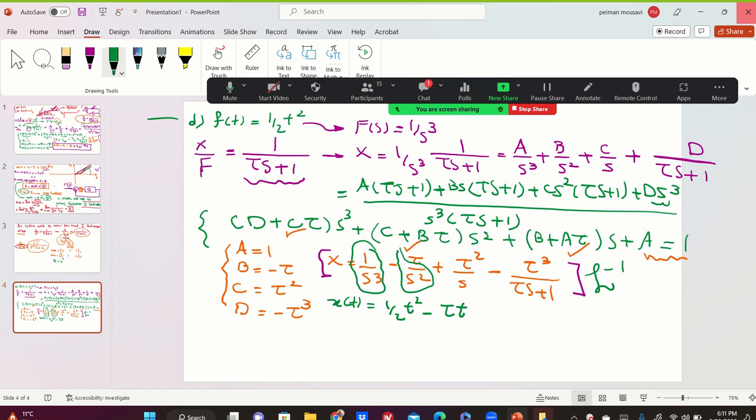Any question? Okay. What is this from the previous class? Step, that's right, unit step, tau squared. Now again you can write this as tau squared times s plus 1 over tau. So this is gonna be plus tau squared e to the minus t over tau.